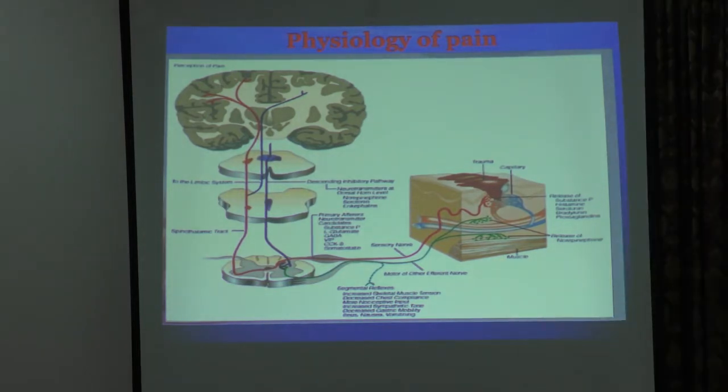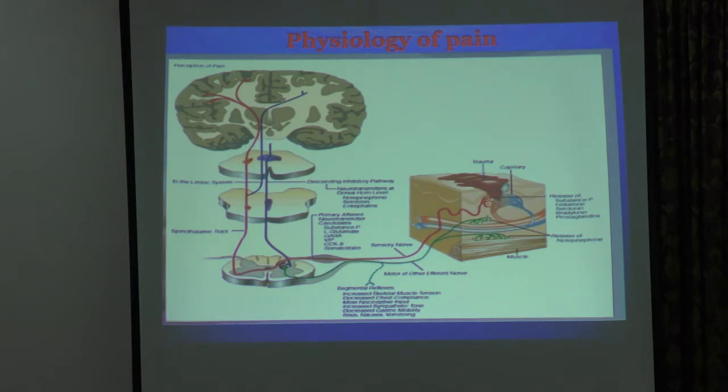Then from the thalamus, you have the other fibers that will leave the thalamus to the other specialized areas of your brain to cause you to perceive the pain. So this is basically what we do.